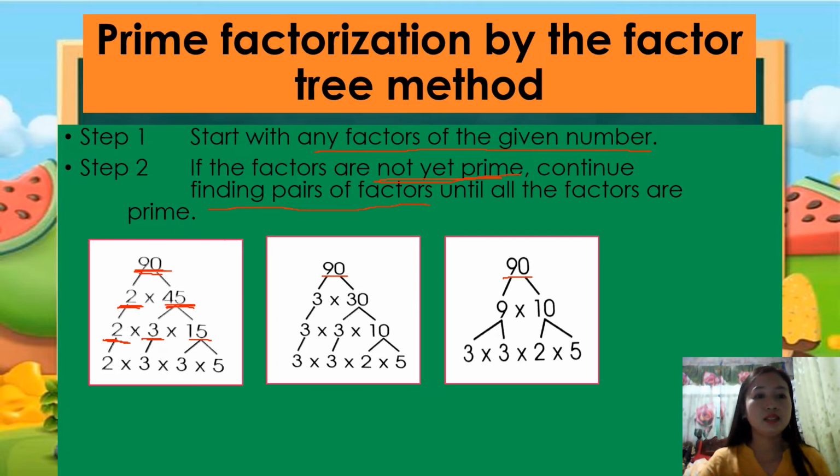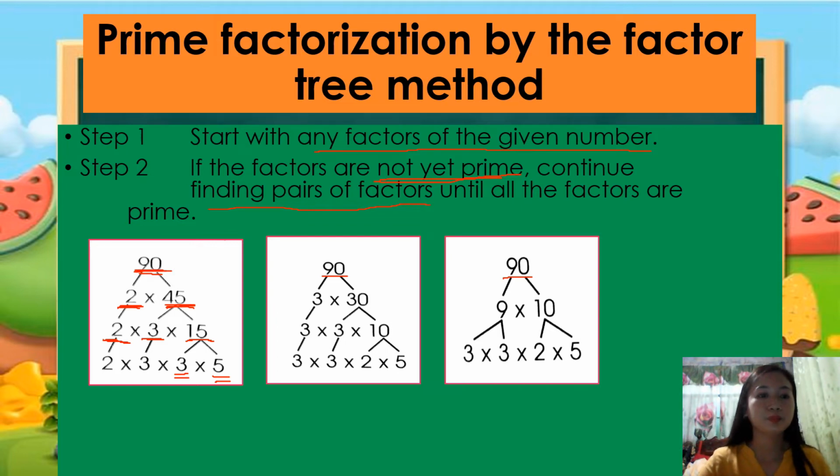Yes, digit 3 is a prime number, while 15 is not a prime number. So what we are going to do is get the two factors of 15, and digit 3 and digit 5 are the factors of 15. If you multiply 3 by 5, the product is 15.